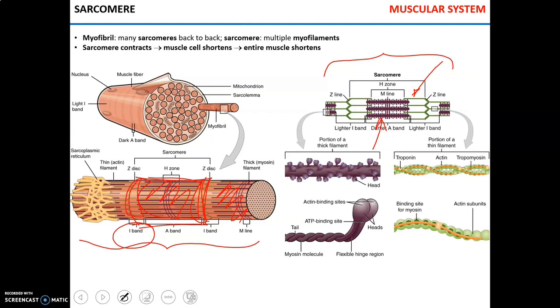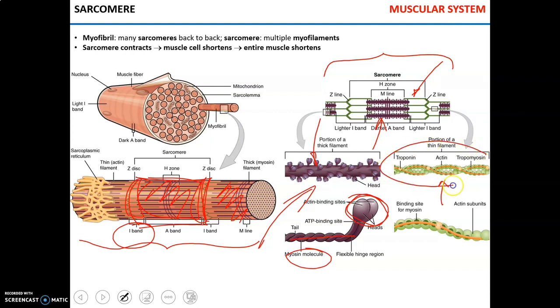So here you can see a further breakdown of what filaments consist of. This is the thick filament, which consists of the protein called myosin, and each myosin molecule has a tail, which forms a body of the filament, and the head, which can break down ATP and bind to a protein that forms thin filament known as actin.